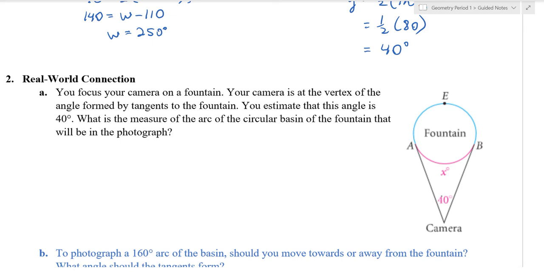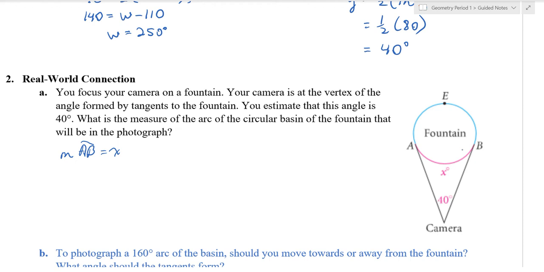All right, so here it goes. Actually, let's make some relationships first. We know that the measurement of arc AB is x, right? My endpoints of that arc are A and B, so the arc can be called AB. And we know that the two arcs together form a full circle, and that circle measures 360 degrees, right?